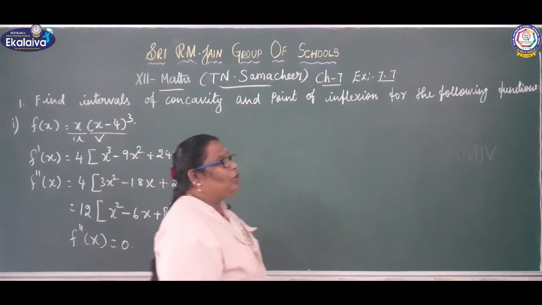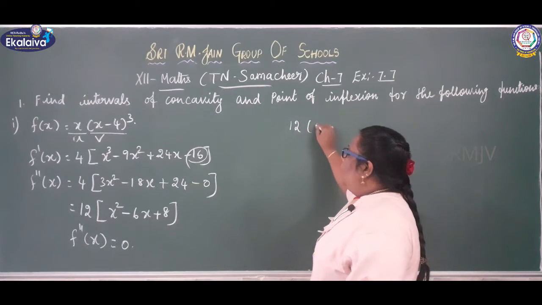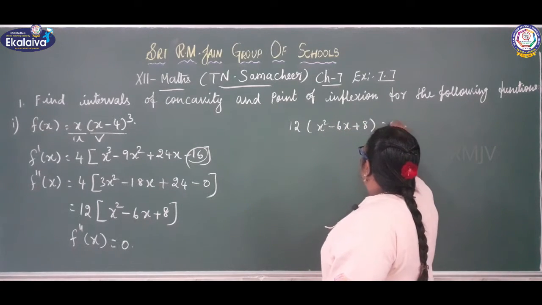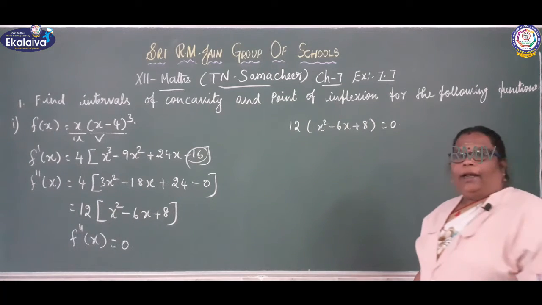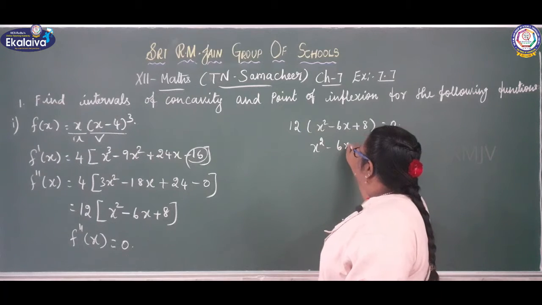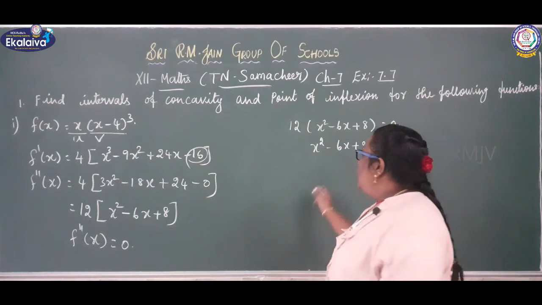So f double dash of x equal to 0. 12 into (x square minus 6x plus 8) equal to 0. You bring the 12 to the right hand side, it becomes 0. What is the remaining value here? x square minus 6x plus 8 equal to 0. Factorize that equation.